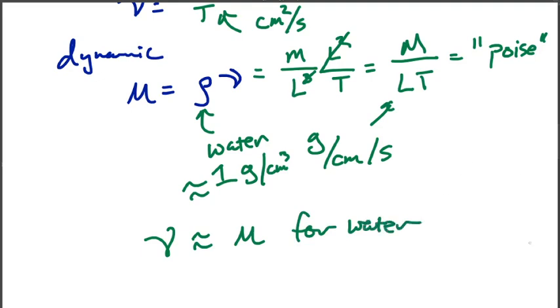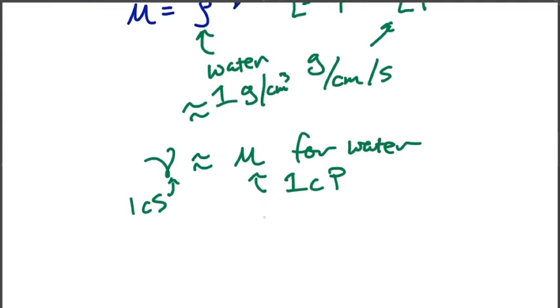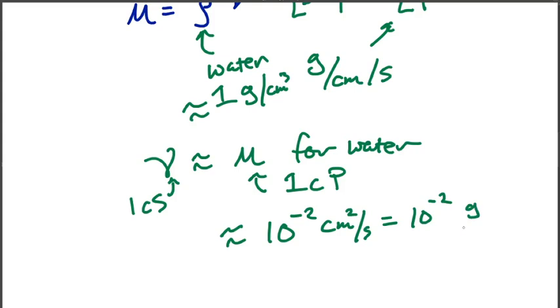For water, this is equal to 1 centipoise and 1 centistoke, and these are values of roughly 10 to the minus 2 centimeters squared per second, or 10 to the minus 2 grams per centimeter per second.